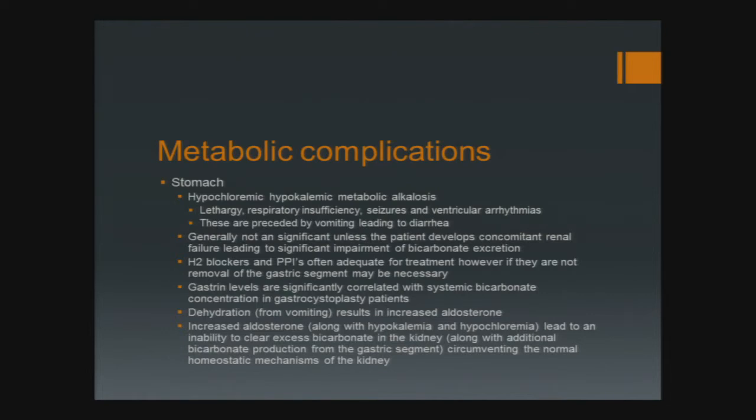Dehydration from the vomiting. What happens is basically dehydration results in some increase in aldosterone. And then that increase in aldosterone in the setting of hypokalemia and hypochloremia will lead to an inability to clear the excess bicarbonate in the kidney, along with the excess bicarbonate produced in the gastric segment. And basically that circumvents the normal homeostatic mechanisms of the kidney.